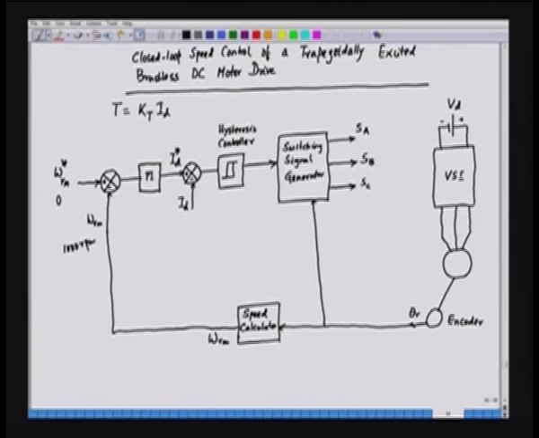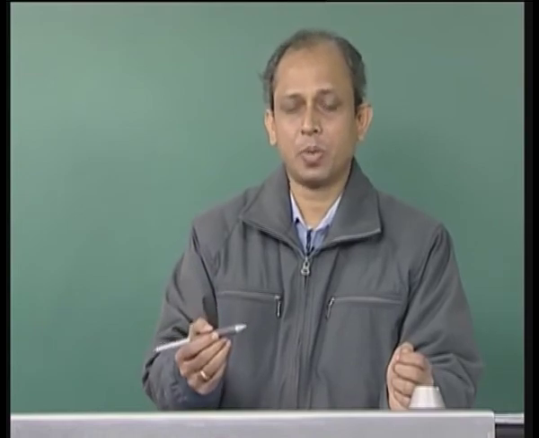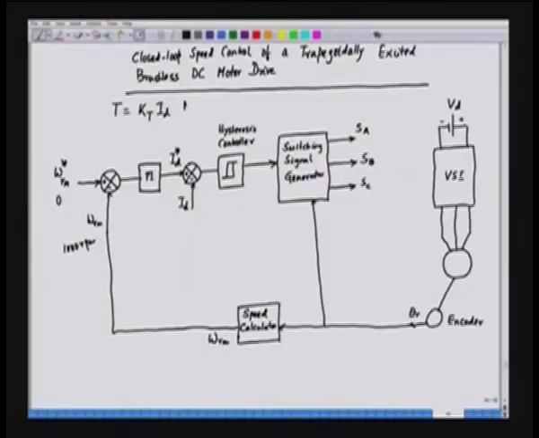So, torque is given by KT into ID for motoring, and for braking T is equal to minus KT into ID, the same DC link current.